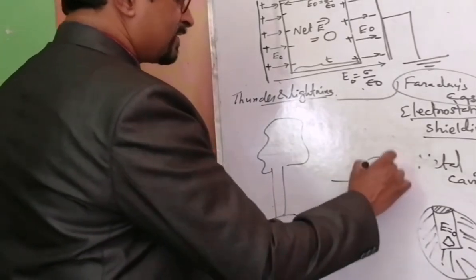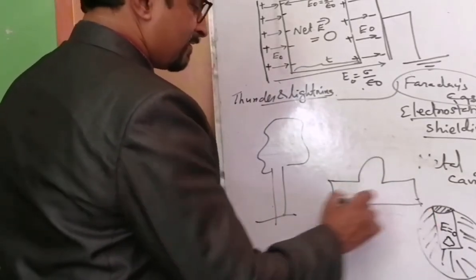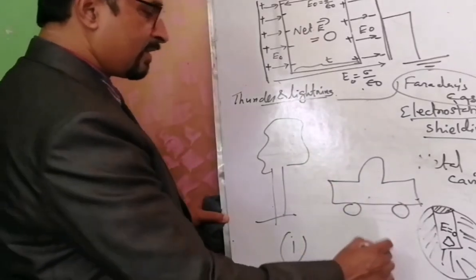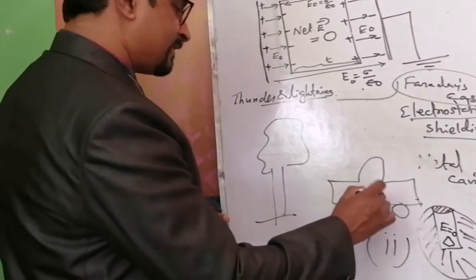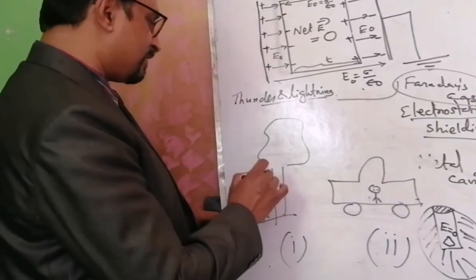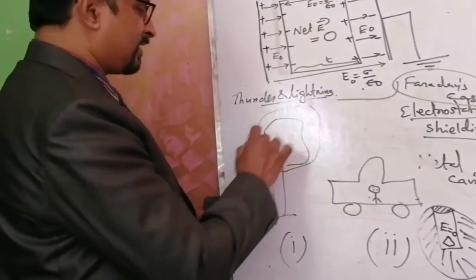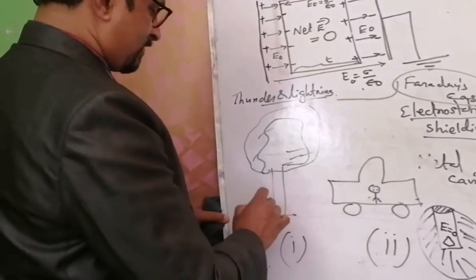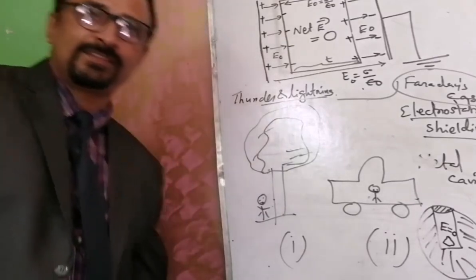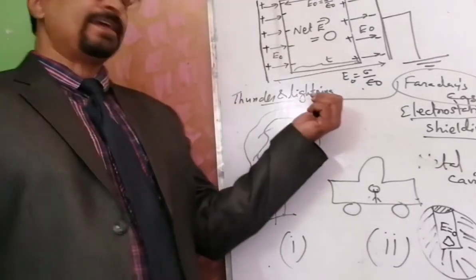Second one, inside the car. Which option you will prefer? Will you sit inside the car or will you stand in the shade of this tree? Which one you prefer? There is very strong lightning.